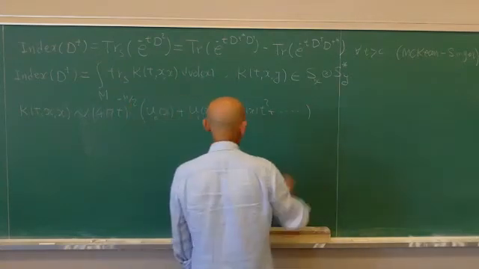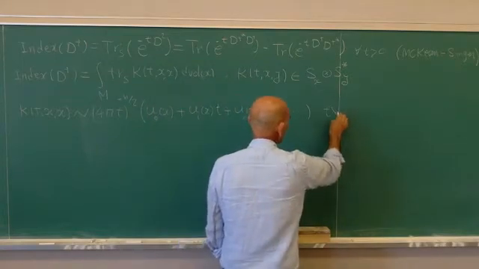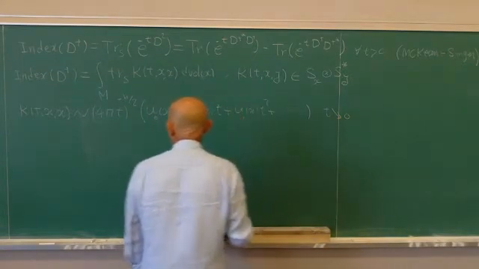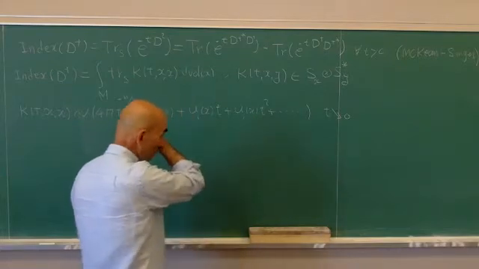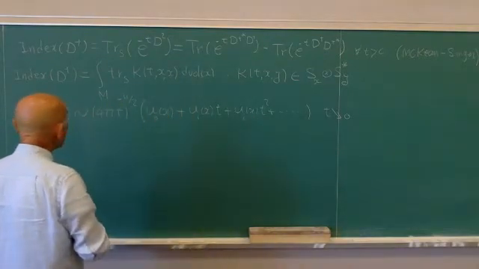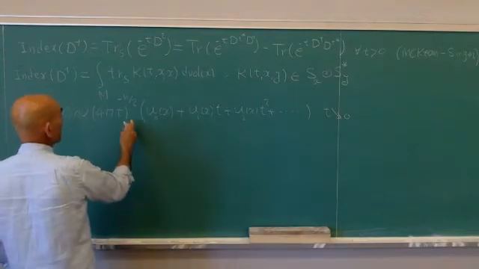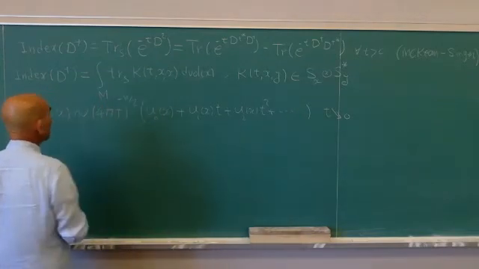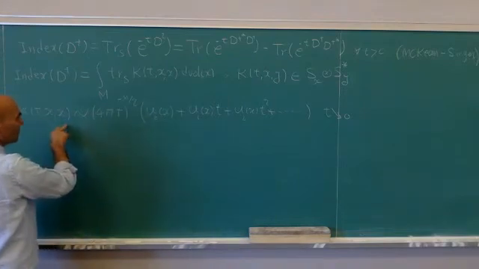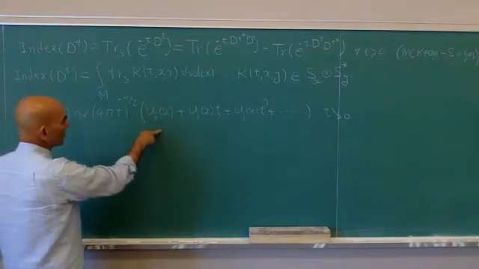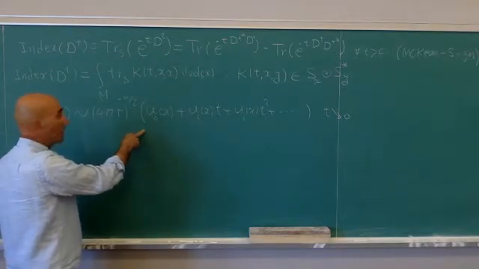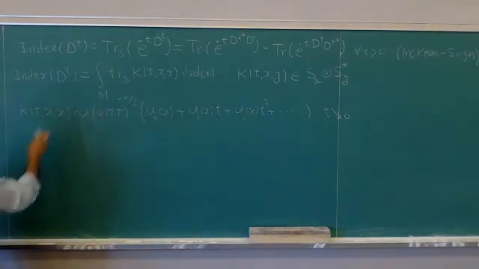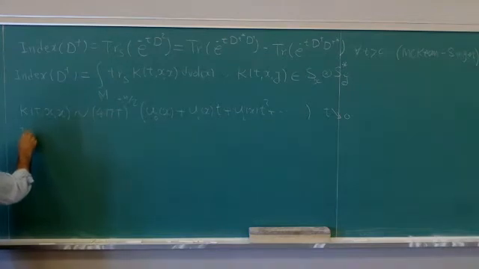So this is as t goes to 0. Near 0, you have such an expansion. So if you sub this into that, if this function is asymptotically given by this function, the integrals are also asymptotically given. That's easy to see.